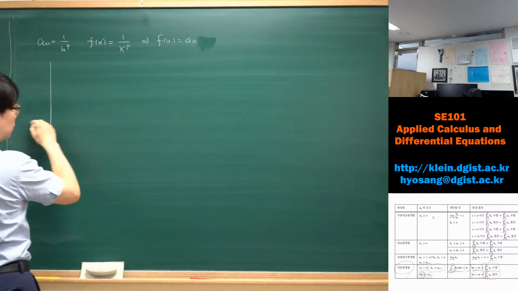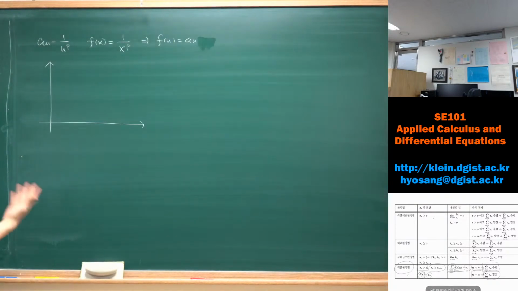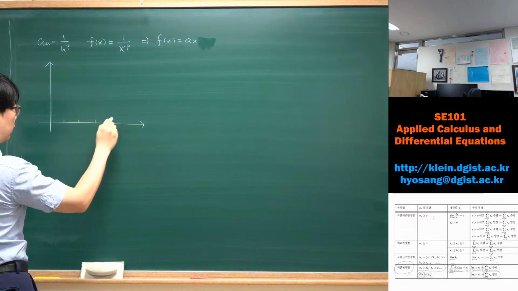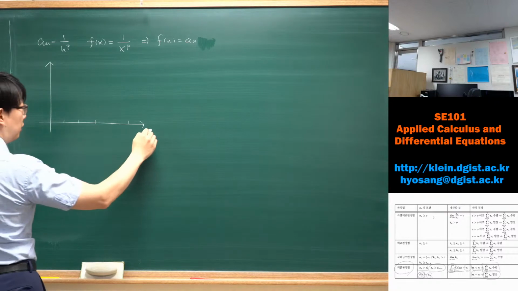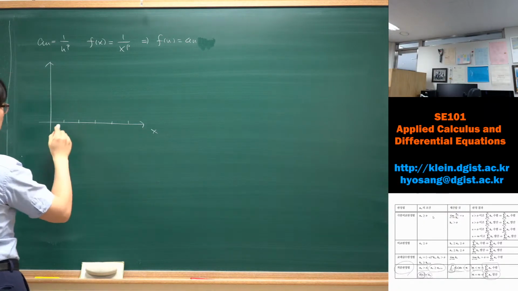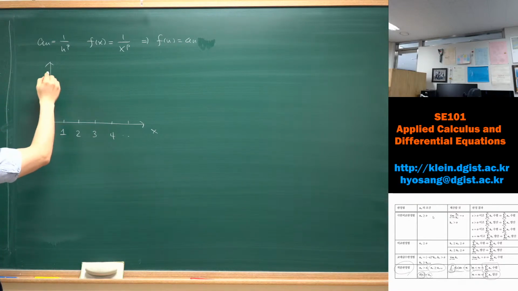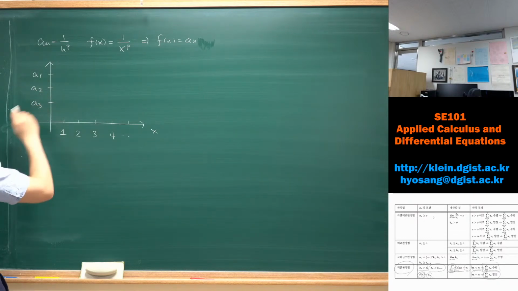I drew this picture last time briefly, but let me explain this again. Whenever I take a series, let's put dots on this two-dimensional plane. Let's say this is x, and when x is 1, 2, 3, 4, and so on, let's put A1, A2, and A3 here.